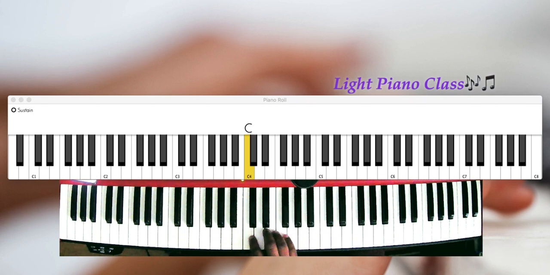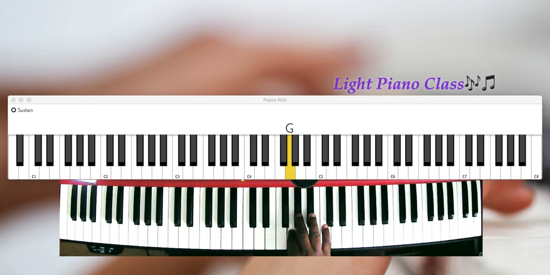Same way, C to C sharp or D flat is a semitone. D flat to E flat is a tone because there's a white key between it. D to E flat is a semitone. F to F sharp is a semitone. F sharp to A flat is a tone.